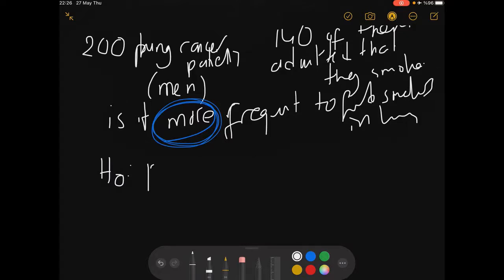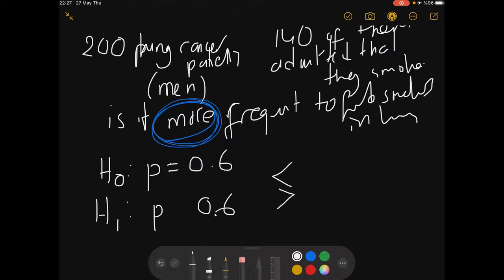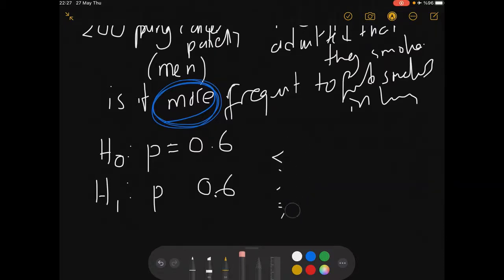So your probability equals 0.6, and in your alternative hypothesis, your probability, just pause the video and think about it. What will you put here? Either this or this or this. Just pause the video and think about it.